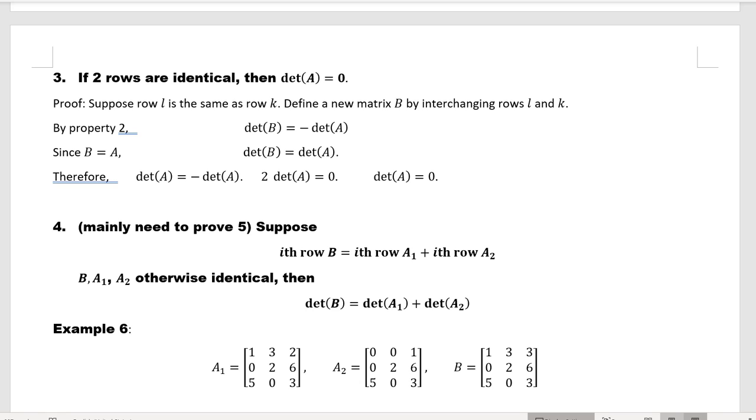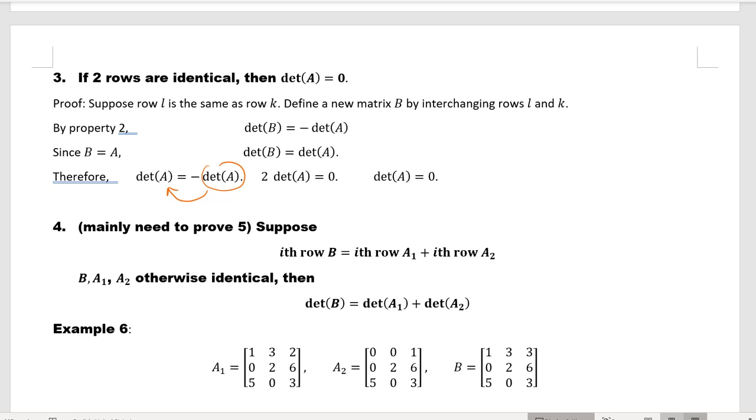Suppose row L is the same as row K. We can define a new matrix B by interchanging rows L and K. By property 2, the determinant of B is minus the determinant of A. Because B and A are the same, since the two rows are identical, the determinant of B is also the determinant of A. Now we get the determinant of A is negative the determinant of A. We can move this guy to the left, so adding the determinant of A to both sides, we get 2 copies of the determinant of A is 0, so dividing both sides by 2, we get the determinant of A is 0. Okay, so right now we just briefly go over the properties.